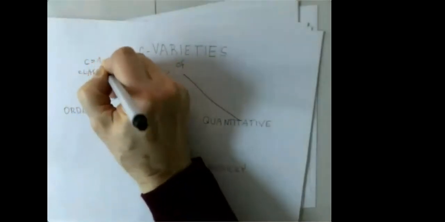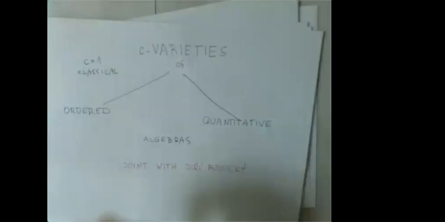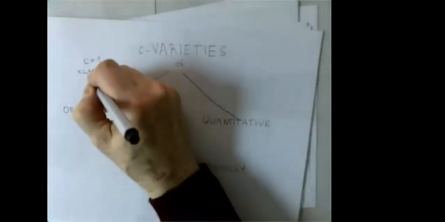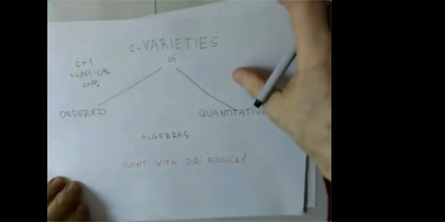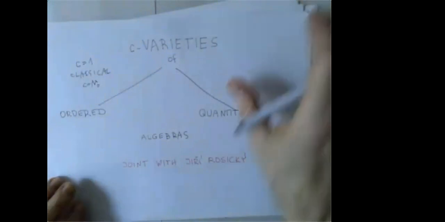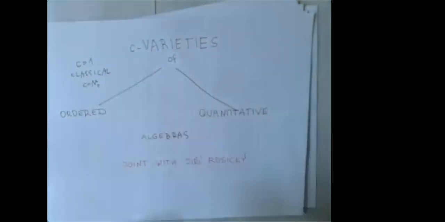And the most interesting or natural one will be C is Aleph 0, where you just put finitely many of them. I'll come to that later. So, before I plunge into ordered algebras and in the second part of my talk to quantitative algebras, let me start with the classical case because the comparison will have a certain explanation in it.